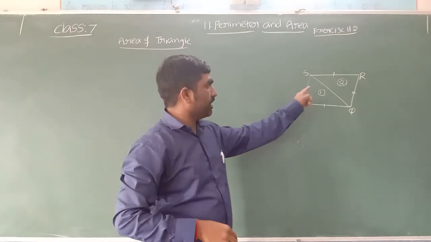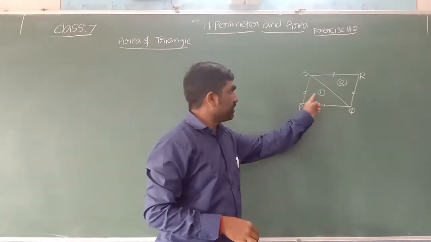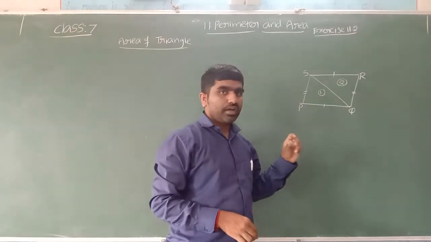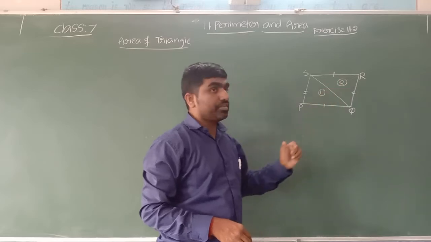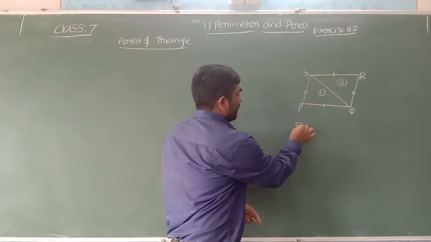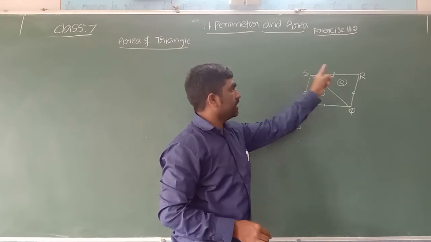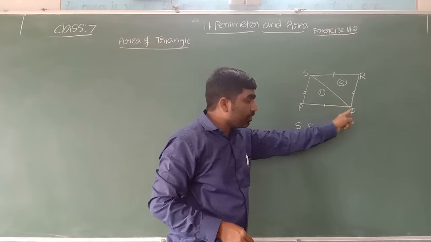And if you observe, we learned from the congruency rules of triangles that the first triangle and second triangle are congruent. Sir, first and second triangle are congruent by which condition? PQ is equal to SR, one side equal. PS is equal to QR, second side equal. SQ is equal to SQ.